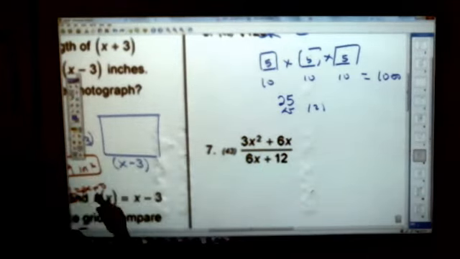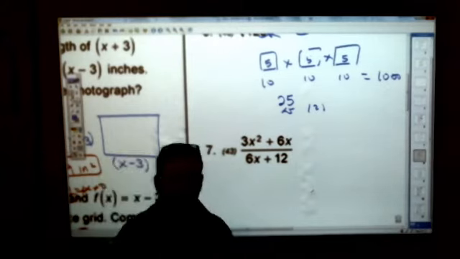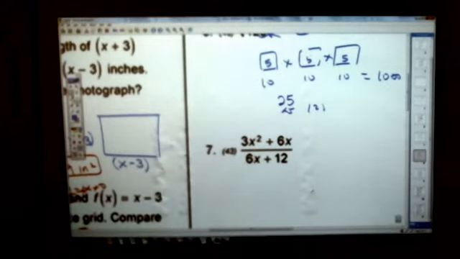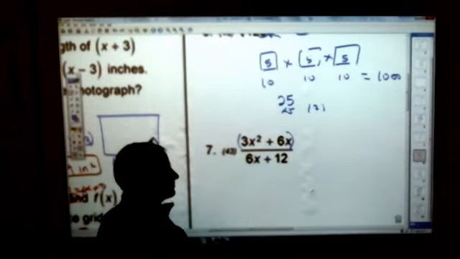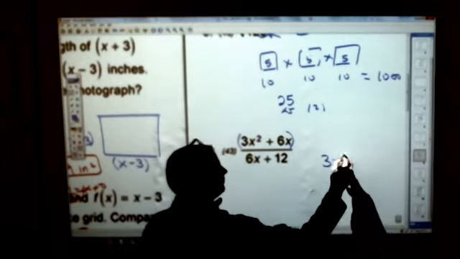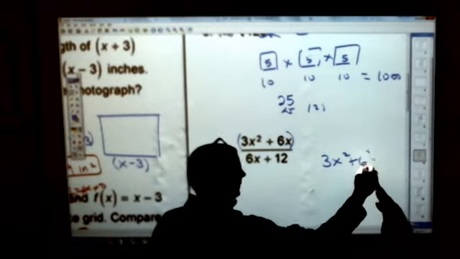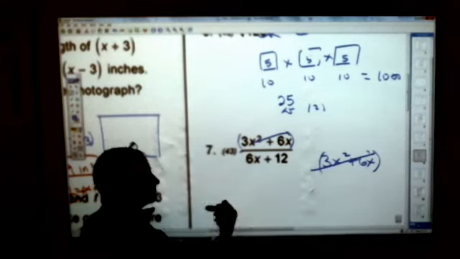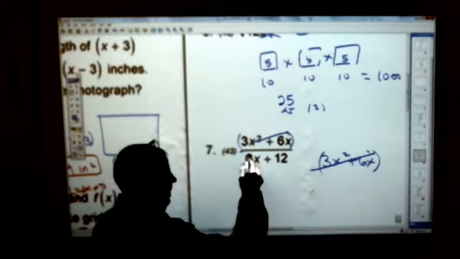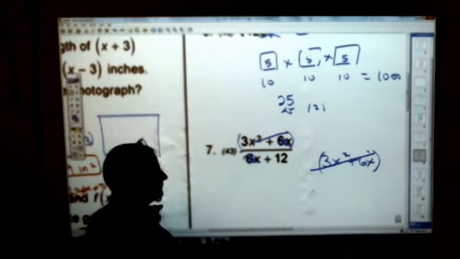Remember, ladies and gentlemen, the only way you can cross things on top of fractions off of things on the bottom of fractions is if they are factors. If there's an addition sign in this, the only way this whole thing would cross off is if there was a 3x squared plus 6x on the bottom. If that was the case, then this whole thing could cross off with this, but you can't just pull pieces out of an addition part of a problem and say, oh, that crosses off with each other.